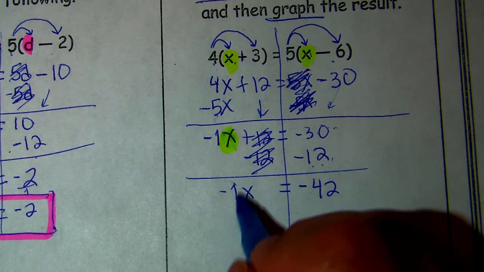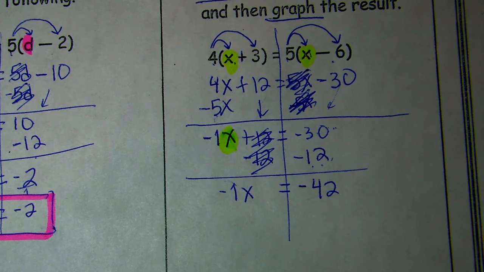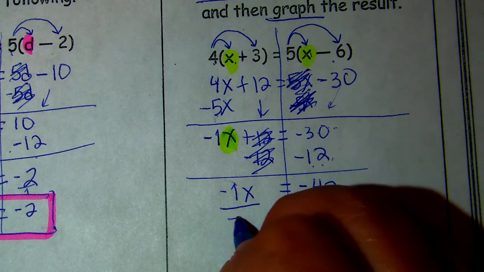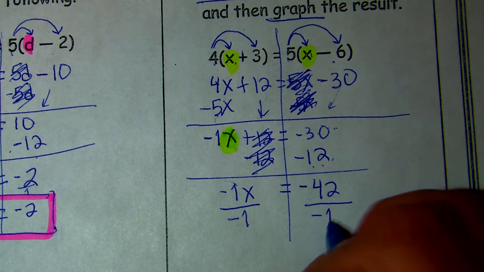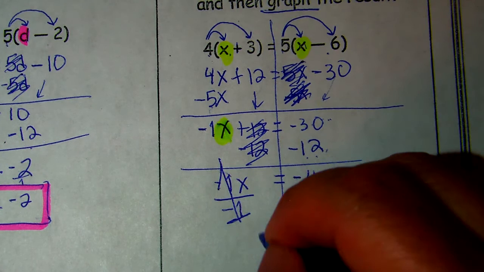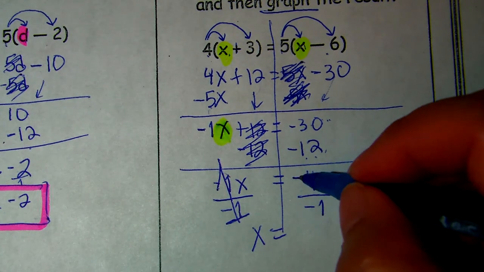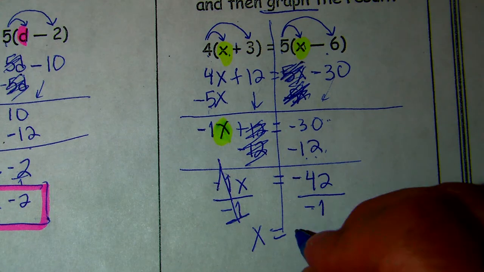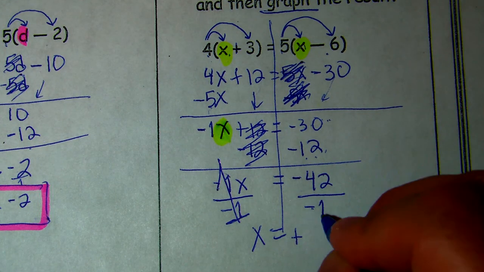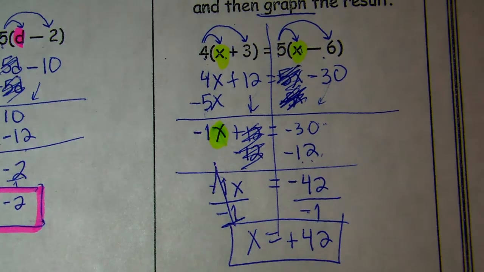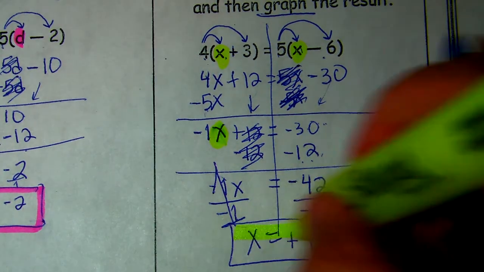You have the negative 1 right here. You don't want to have a negative, so what do you do? Divide by negative 1. This becomes a 1. And just bring down the x. Negative divided by negative is the same as multiplication. It gives you positive 42 over 1, which is positive 42. So this is your answer right here.